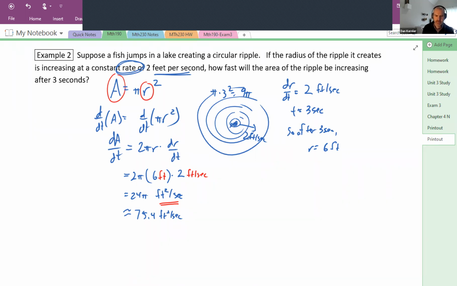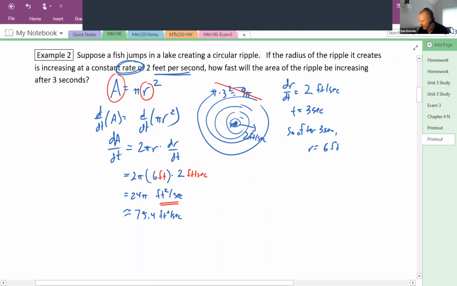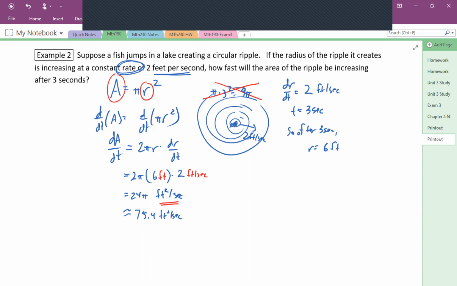Lorenzo, go ahead. What's the 9 pi supposed to represent? The one where you did pi times 3 squared equals 9 pi? That was when I was originally confused that the radius was 3. Oh, okay. So that one is not applicable because when the fish jumps, initially, what's the radius? 2? No, not initially. 0 initially.